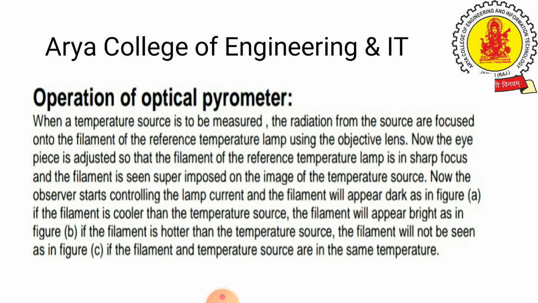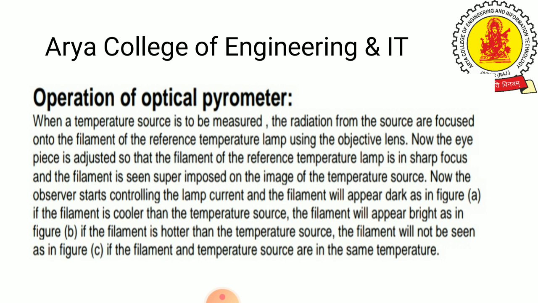Now the eyepiece is adjusted so that the filament of the reference temperature lamp is in sharp focus and the filament is seen superimposed on the image of the temperature source. Now the observer starts controlling the lamp current and the filament will appear dark as in figure A.